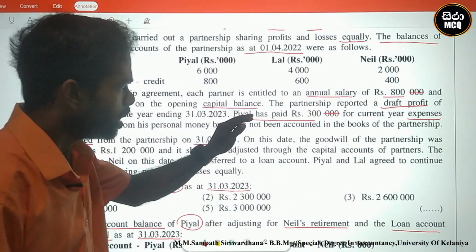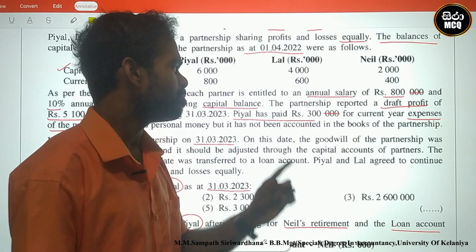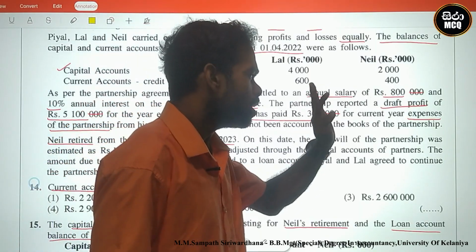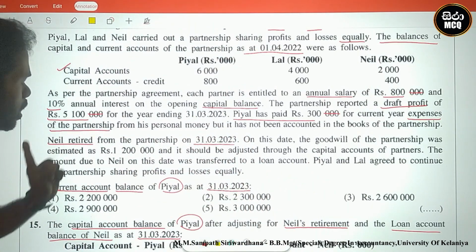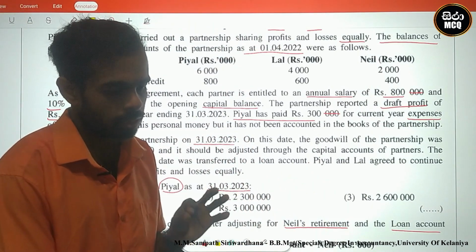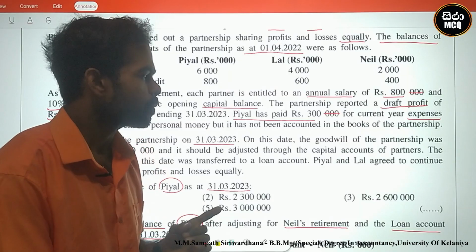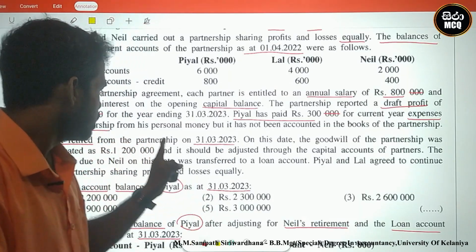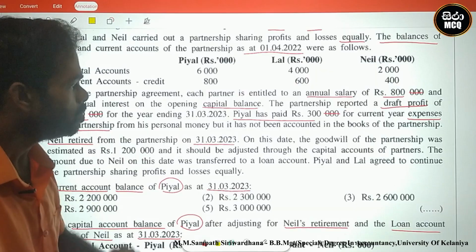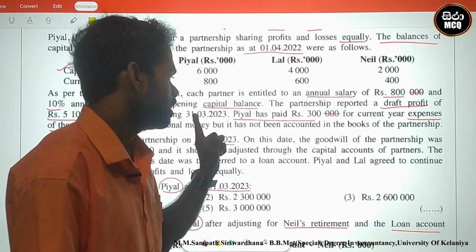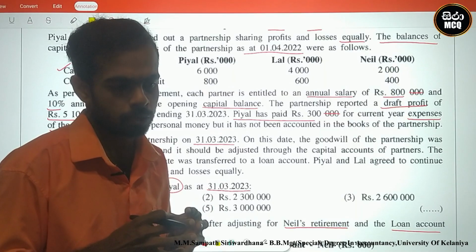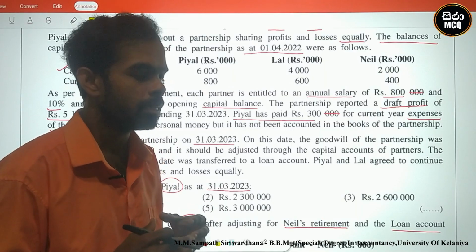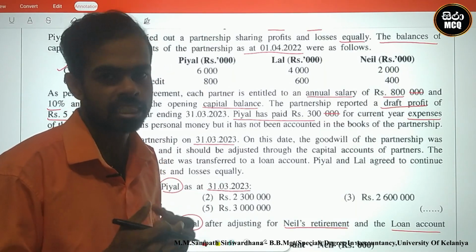Look here, PL paid 300 for current year expenses of the partnership. There are partnership expenses there. PL paid from his personal money, but it has not been accounted. The partnership expense was paid by the partner's personal money.